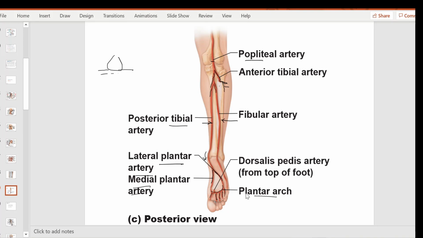Okay, and from the left side of your heart, from the left ventricle, ascending aorta receives blood, and it becomes what? The aortic arch.